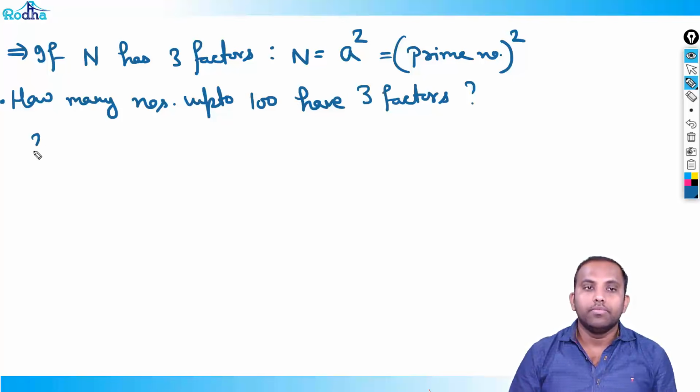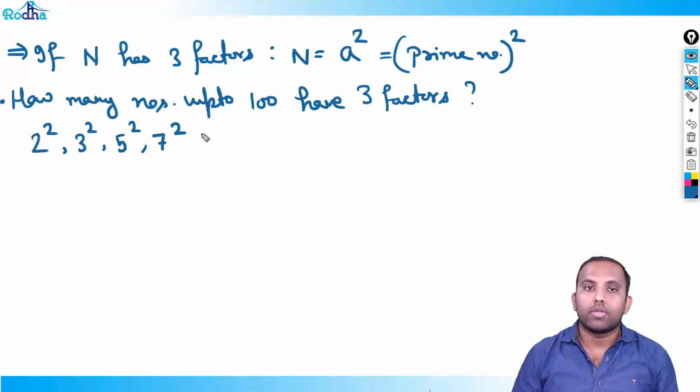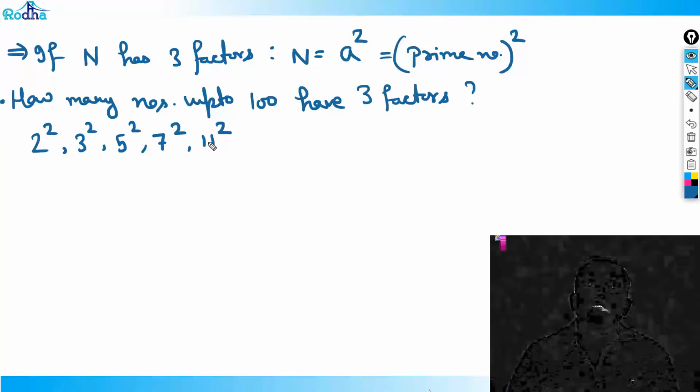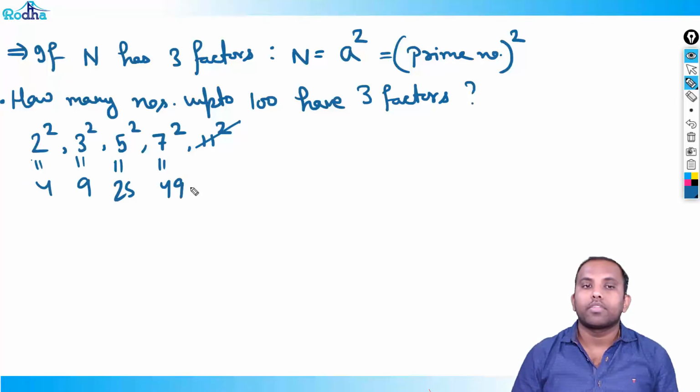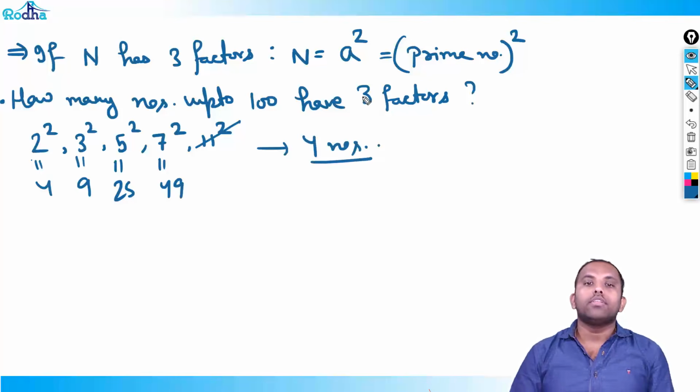Like 2 square will have 3 factors, 3 square will have 3 factors, 5 square will have 3 factors, 7 square will have 3 factors, 11 square will have 3 factors, right? But 11 square is beyond 100, so I don't have to take 11 square. So how many numbers up to 100 have 3 factors? What are those numbers? 4, 9, 25 and 49. There are 4 numbers up to 100 that have got 3 factors, right?